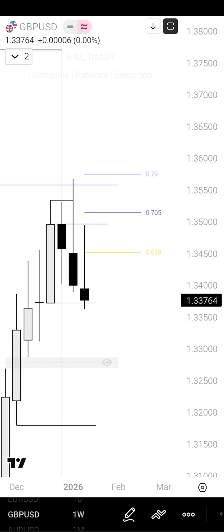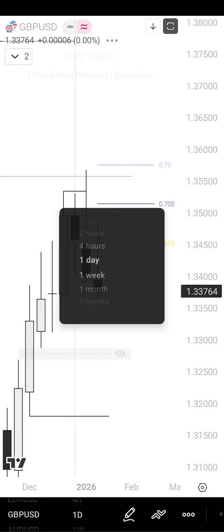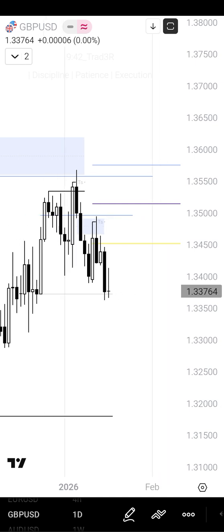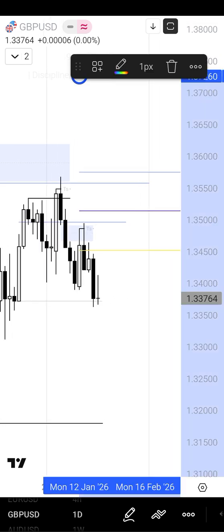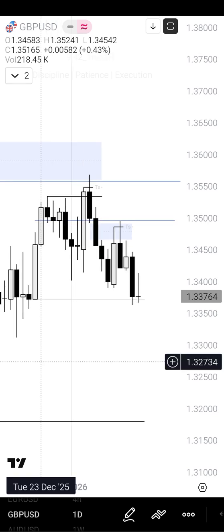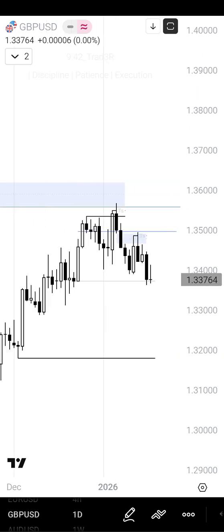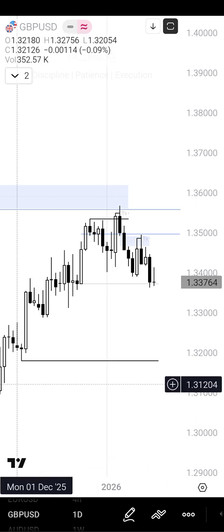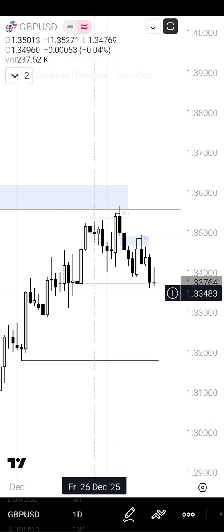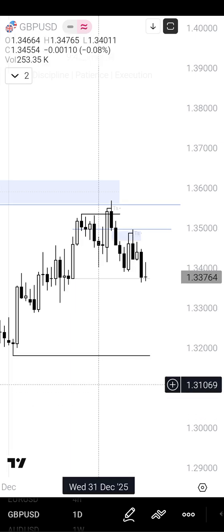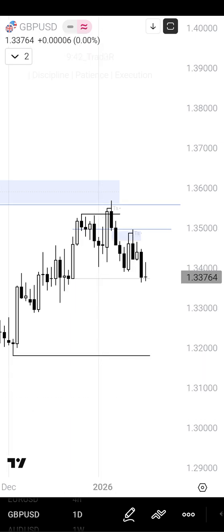So going into last week's price action on the daily chart, which was also CPI week, let me take this fib out. You can see the vertical lines. The vertical lines indicate the previous month's opening price, the opening time and the closing time, and also represent the opening time of January.